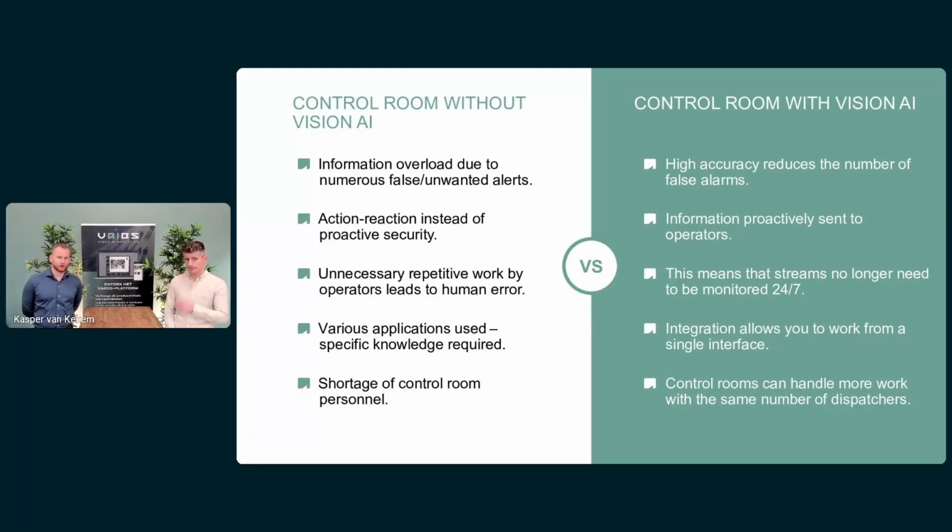These are all facts many of you are probably aware of, but by the biology of the human eye, it is proven that a human only sees about 2 degrees sharp. So monitoring multiple screens is impossible for a human. What they're really good at, and it's also needed for GDPR, human in the loop, is evaluating events.